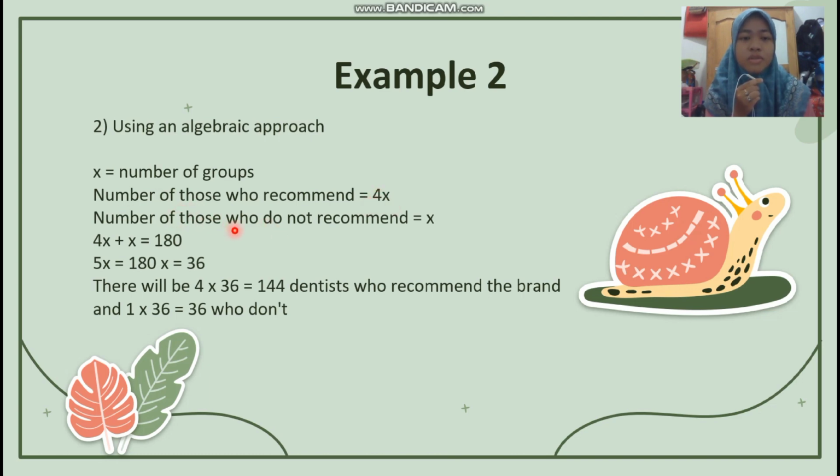The number of those who do not recommend is x, so 4x plus x equals 180, and 5x equals 180, and we can find x is 36. There will be 4 times 36 equals 144 dentists who will recommend the brand, and 1 times 36 equals 36 who will not.